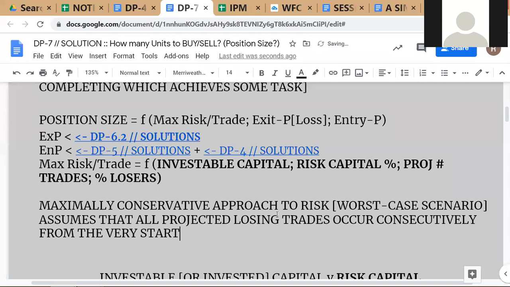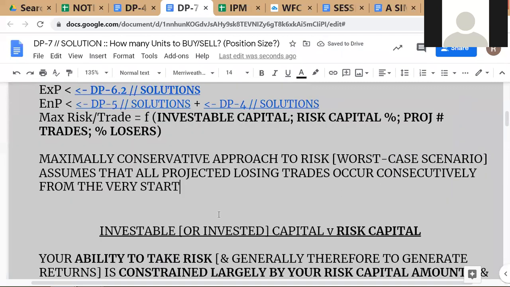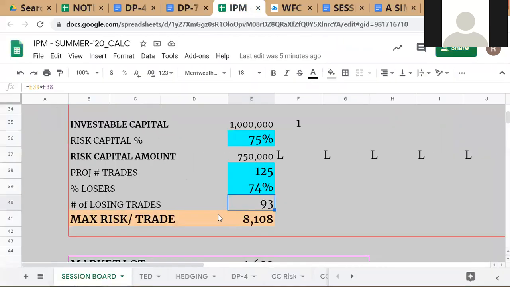So that's basically what we assume. Okay, and then the way we set up this number, if we set up this number like this, that means even if all the trades together happen like this, I still don't lose. I lose only 750,000, not more than that.